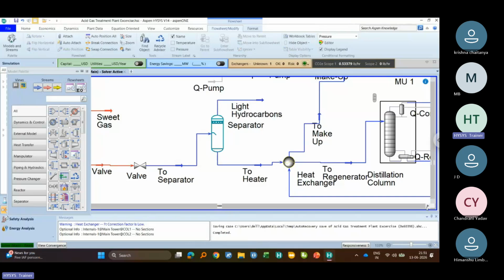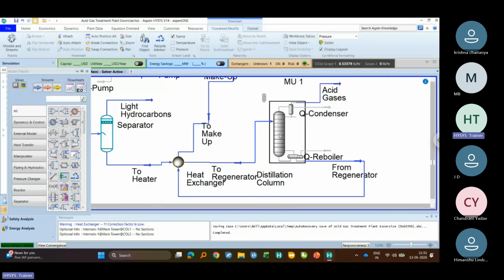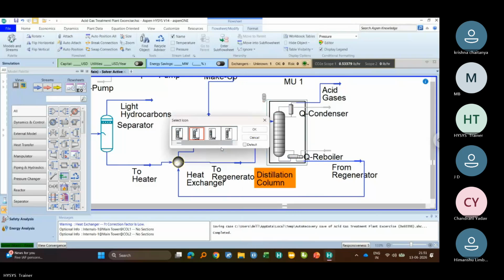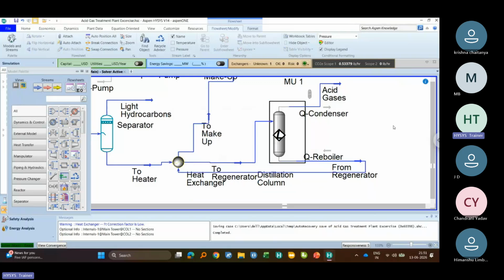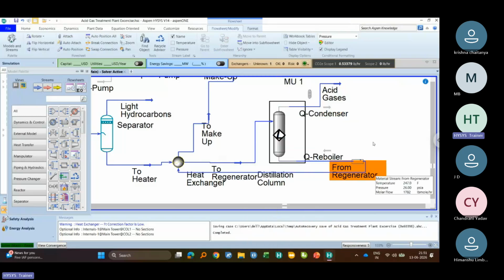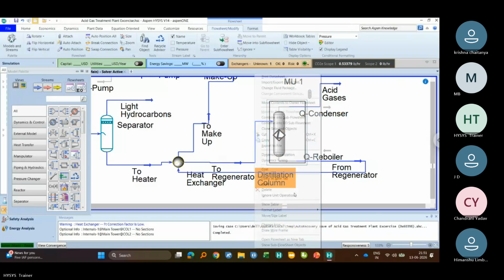Like for the distillation column as well, it can change the symbol. And you will see that it will be shown like a simple liquid extraction column. This is actually a symbol of a liquid extraction column.